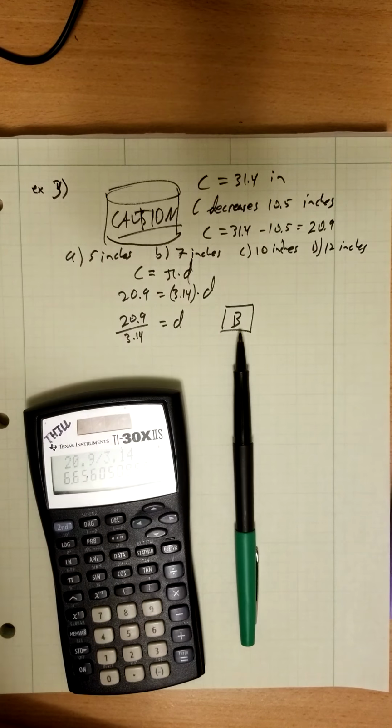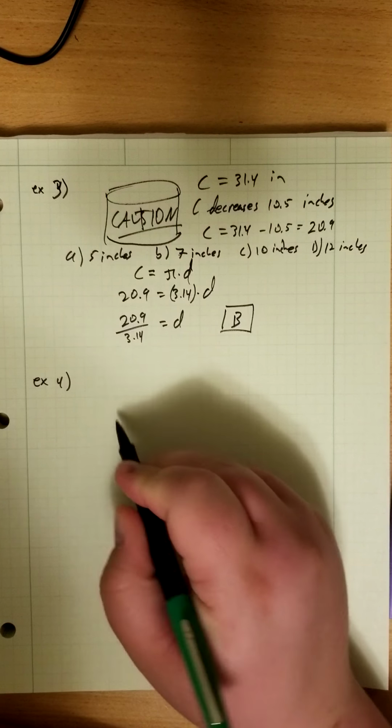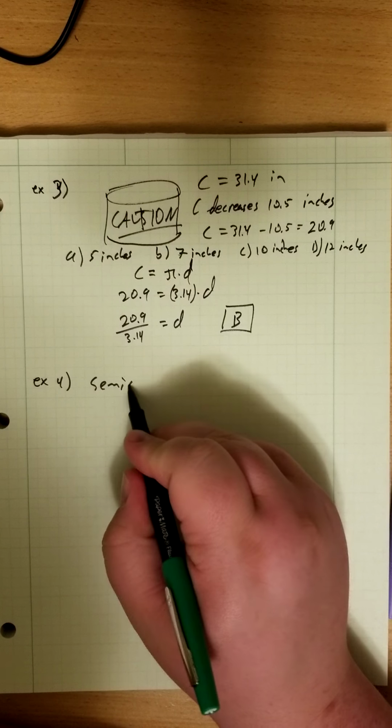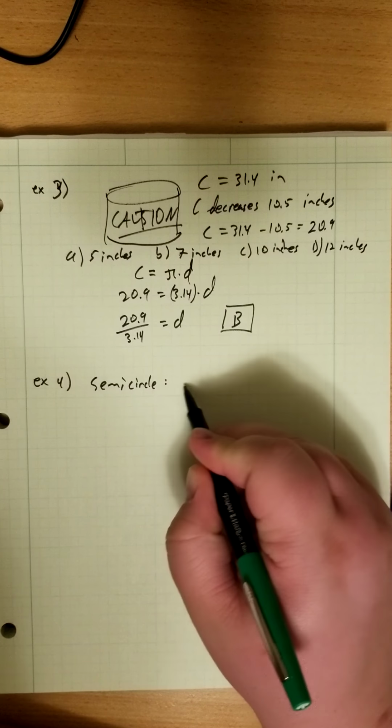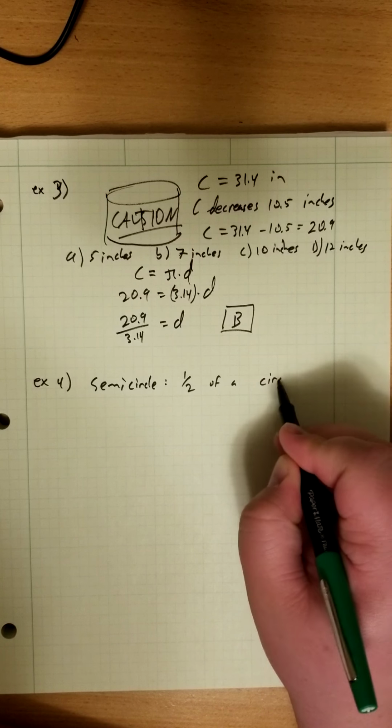All right, example 4, semicircle. A semicircle is half of a circle.